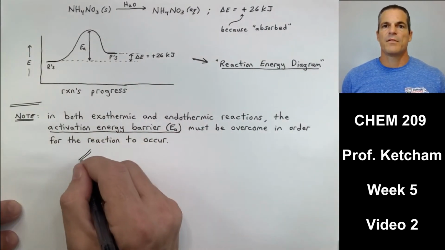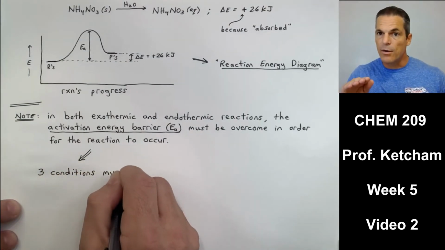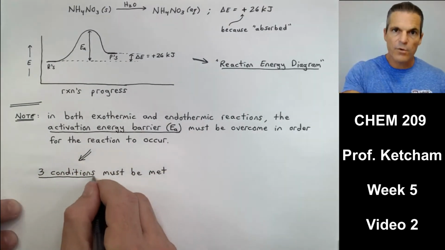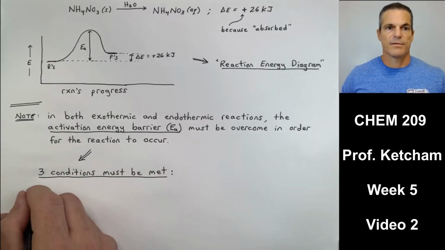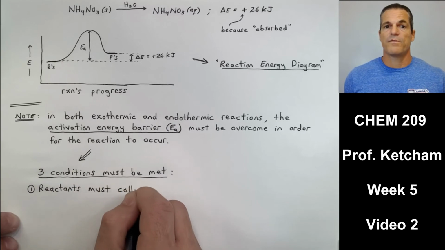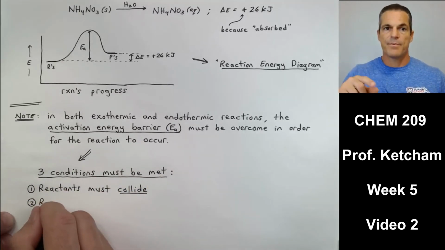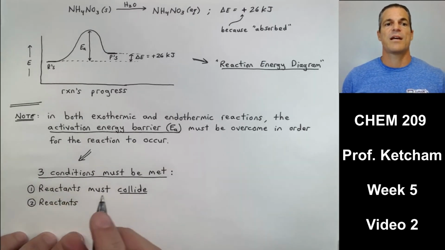I don't know if you've ever been to the video arcade and you played skee ball, but when you roll the skee ball, it's got to go up and over that hump before it can move on and go in, okay? So three conditions have to be met in order for you to overcome this activation energy barrier, this big Ea hump that you see on both of the reaction energy diagrams.